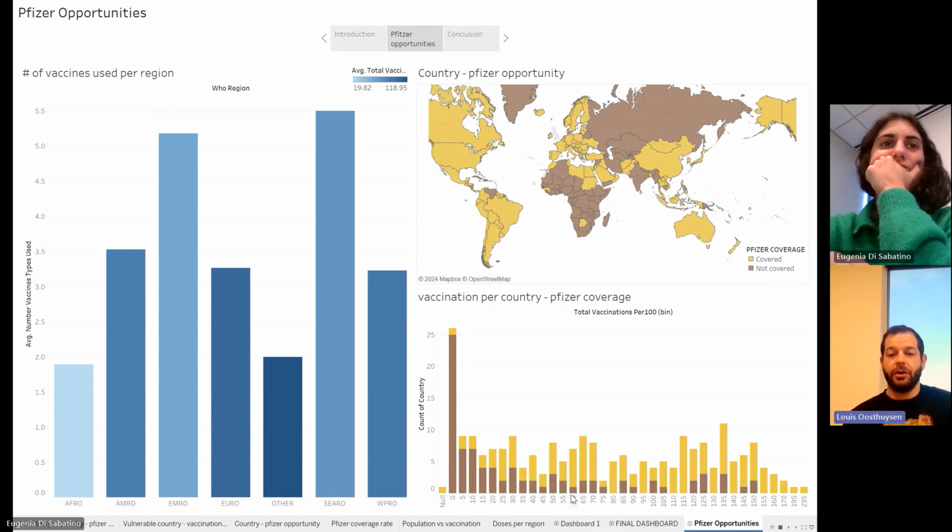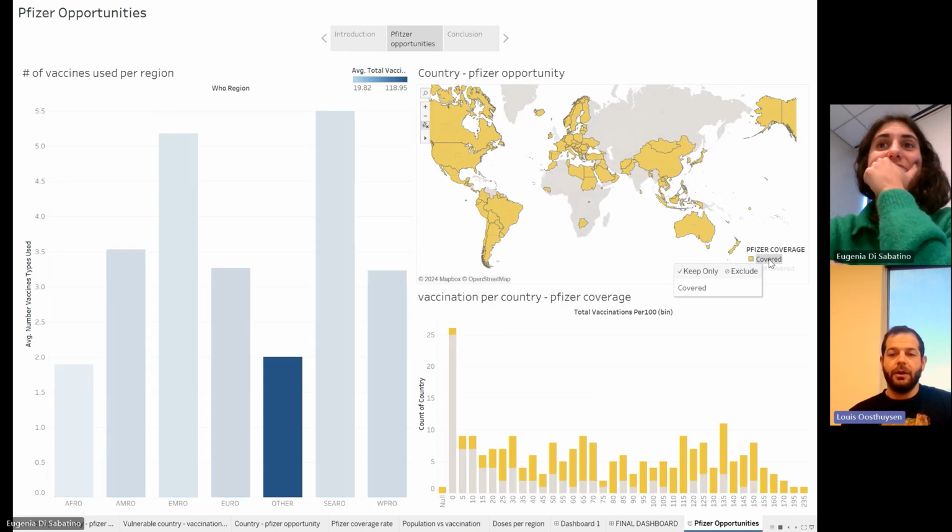Furthermore, as shown in the map, socio-economic factors affect Pfizer's market opportunities, especially in countries with higher GDP per capita and better healthcare infrastructure, which are more likely to afford and administer vaccines, presenting lucrative opportunities for Pfizer. However, Pfizer must also consider socio-cultural aspects of each market, as perceptions and acceptance of vaccines may vary among populations.